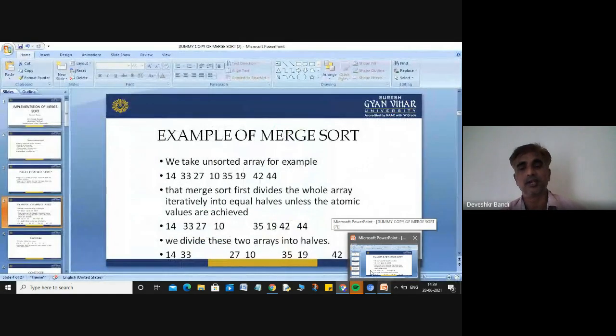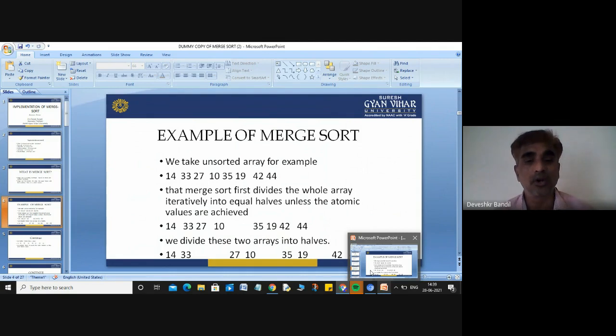You can see in this given slide, I have taken an array of size 8. As per the definition and steps of merge sort, first you divide the whole array, in which I have taken 8 items, into equal halves until atomic values are achieved.